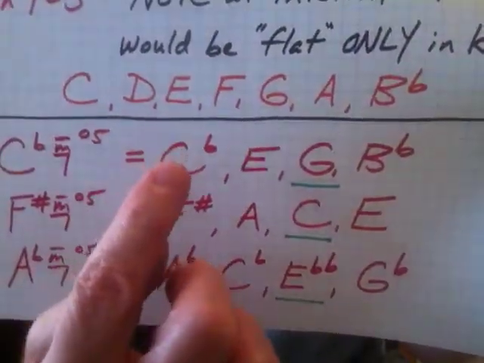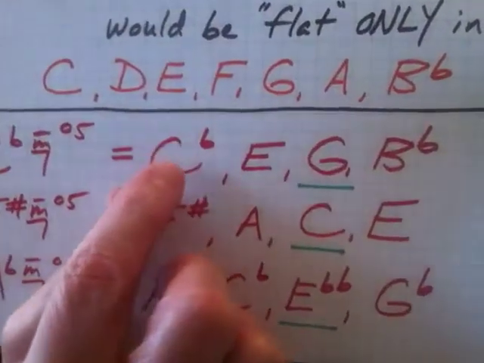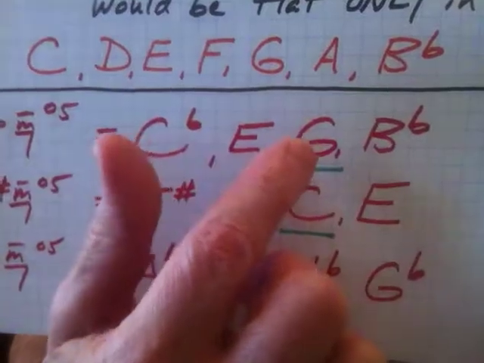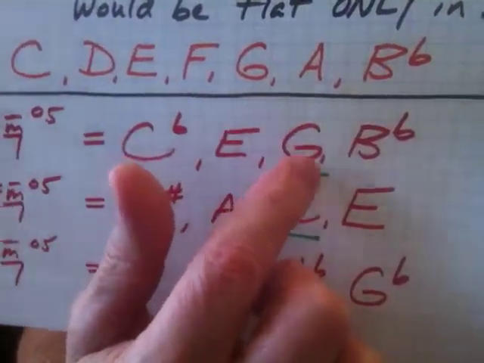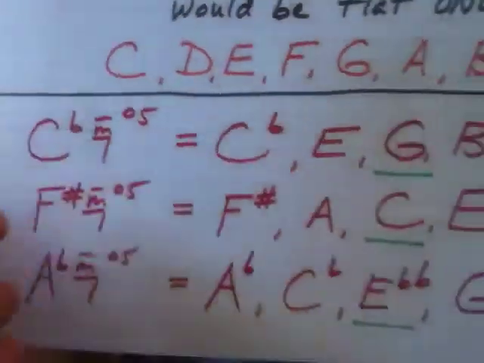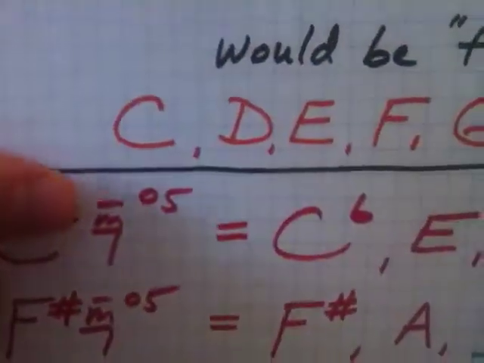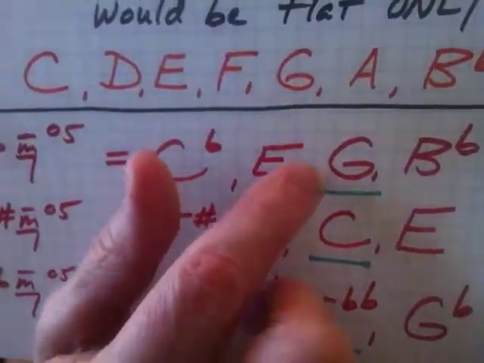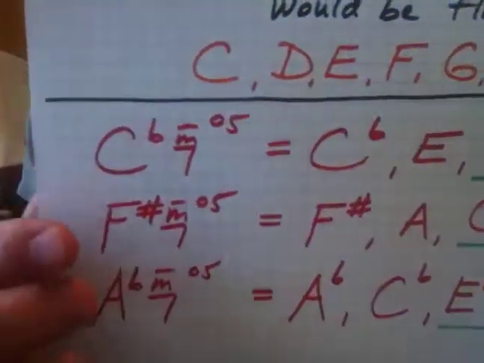You see here that the notes in that chord would be C flat, E, G natural, not flat, and then B flat. This cannot be a flat 5 because with that modified fifth, you will have yourself a G. It will not be a G flat.